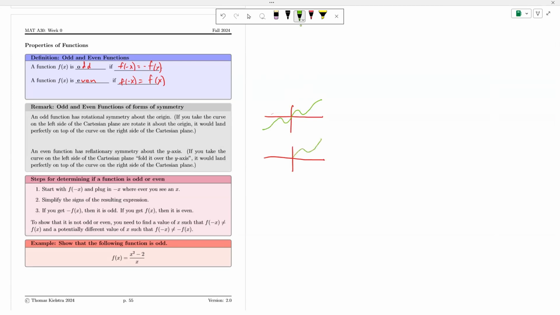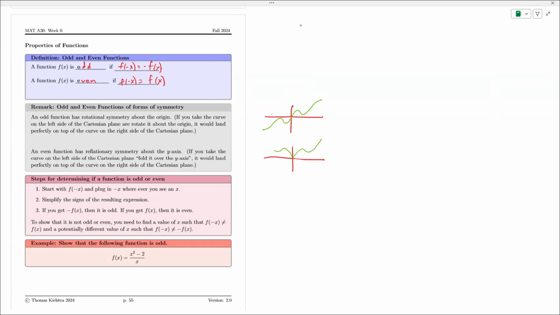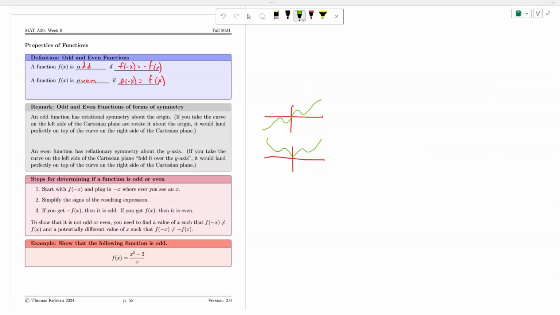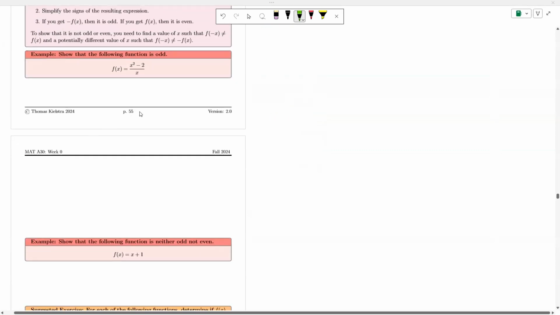So if I take the function and I take its mirror image about the axis, that is an even function. Now, to determine if a function's even or odd, we complete the following steps. We start with f of minus x. We plug in minus x wherever you see an x. We simplify the expression, and if you get minus f of x, it's odd, and if you get f of x, it's even. So let's take a look at a couple of examples.